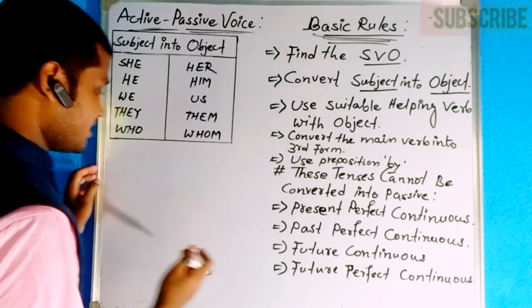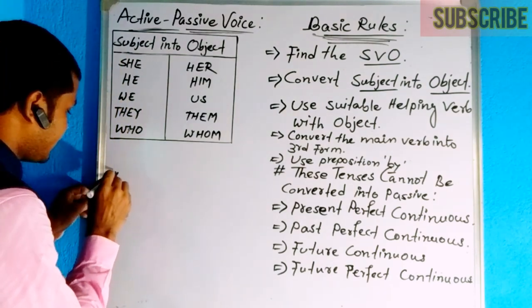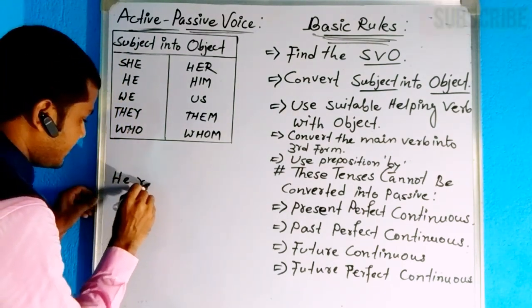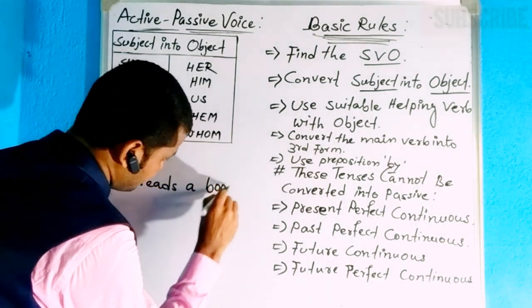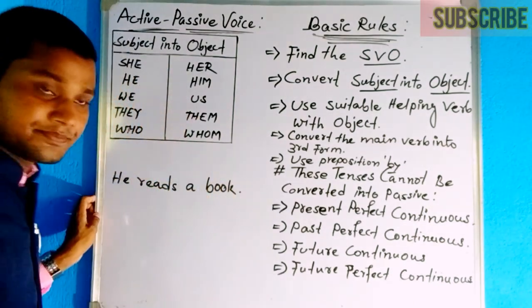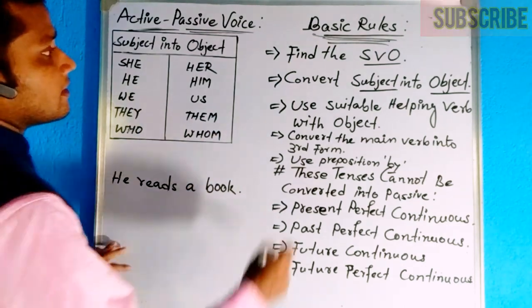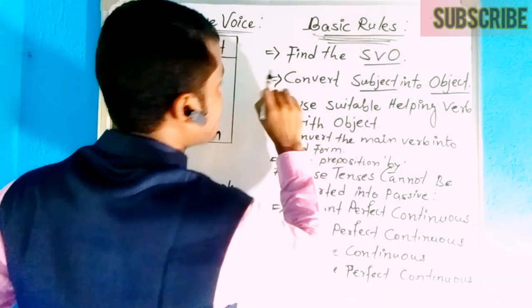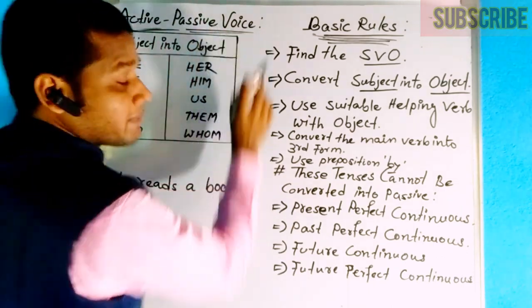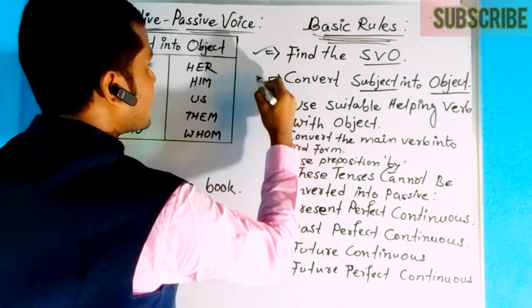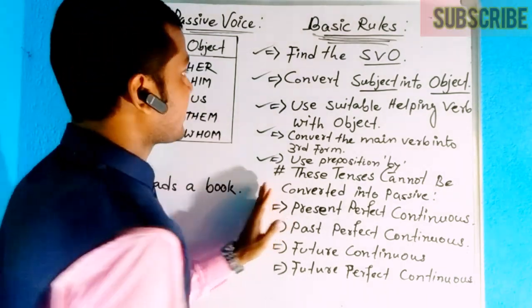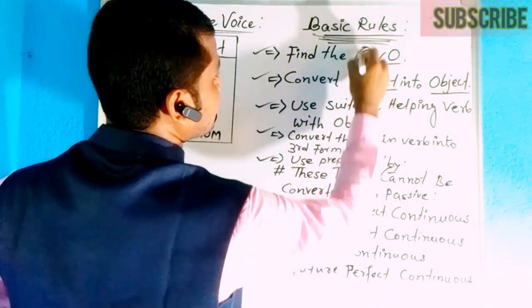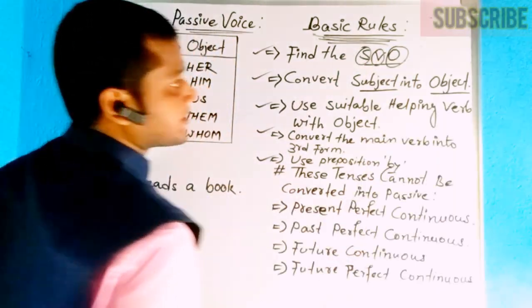In a simple sentence, I will make: He reads a book. Full stop. Find the basic rules of active and passive voice: 1, 2, 3, 4, 5. I will give you five rules today. So find subject, verb, object.